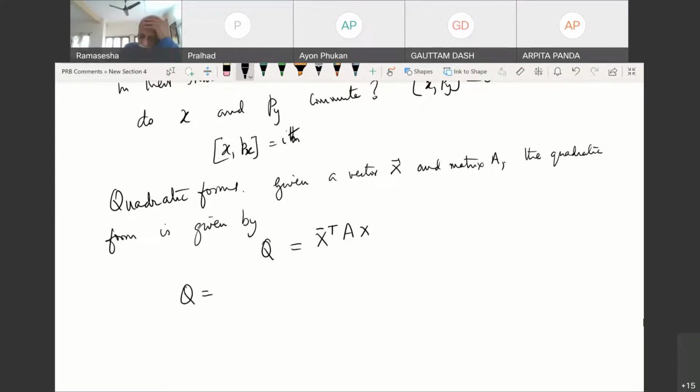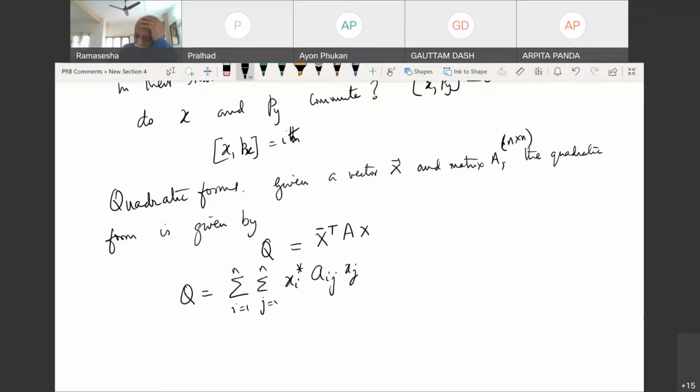If you write it down in expanded form, Q equals the sum over i and j from 1 to n, where A is n by n, of xi star aij xj.